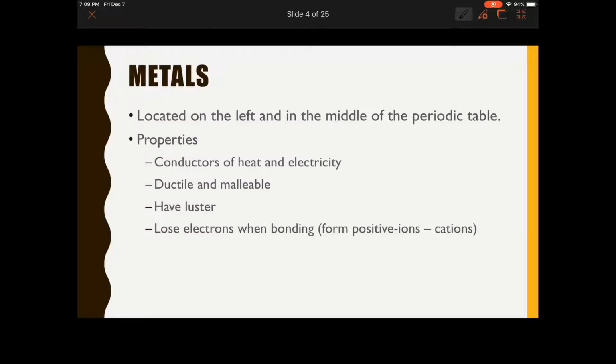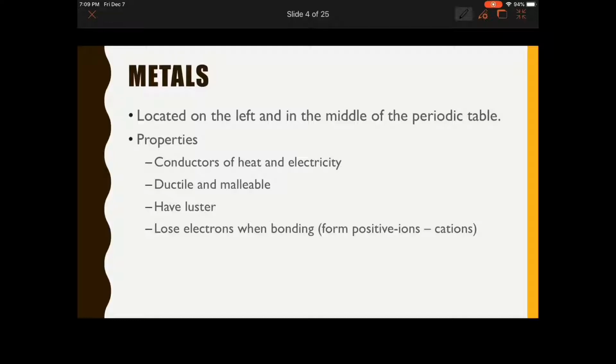Malleable, if you didn't already know, means that you can flatten a piece of metal into a sheet. So it won't break as you're flattening it, it'll just keep flattening out. They also have luster, which means that they're shiny, and these are more willing to lose their electrons when they're bonding, so they're forming a positive ion.